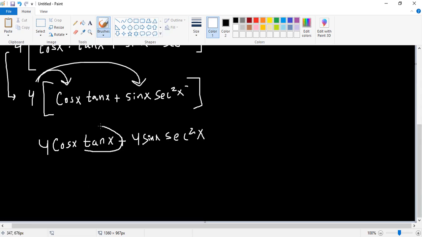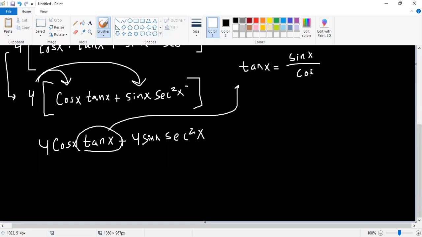And we know that tangent of x, if we revisit some trigonometry, we know that tangent of x is actually equal to the sine of x over the cosine of x.